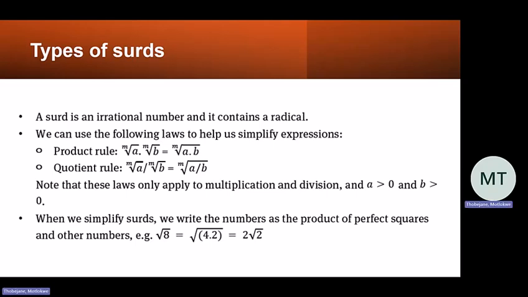Product rule and quotient rule. What it says is that the mth root of a multiplied by the mth root of b is equal to the mth root of a times b.